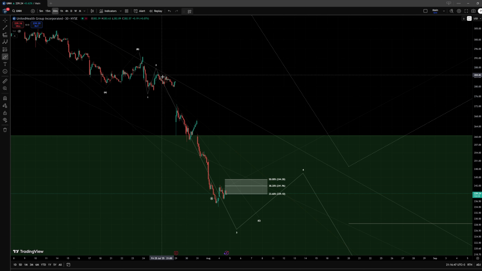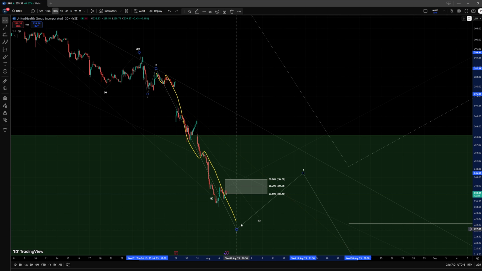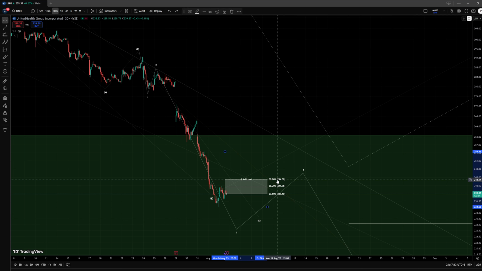that maybe we could count this either as an impulse or a diagonal pattern. I could say that maybe we had a 1, 2, maybe a third wave down here, a fourth, and a fifth that is still to complete. And in this case it would complete only the larger third wave, and I would still like to see one more 4-5 here, as I said, and the resistance area that I would be looking at for this scenario would be between or down from $239 up to around $244.